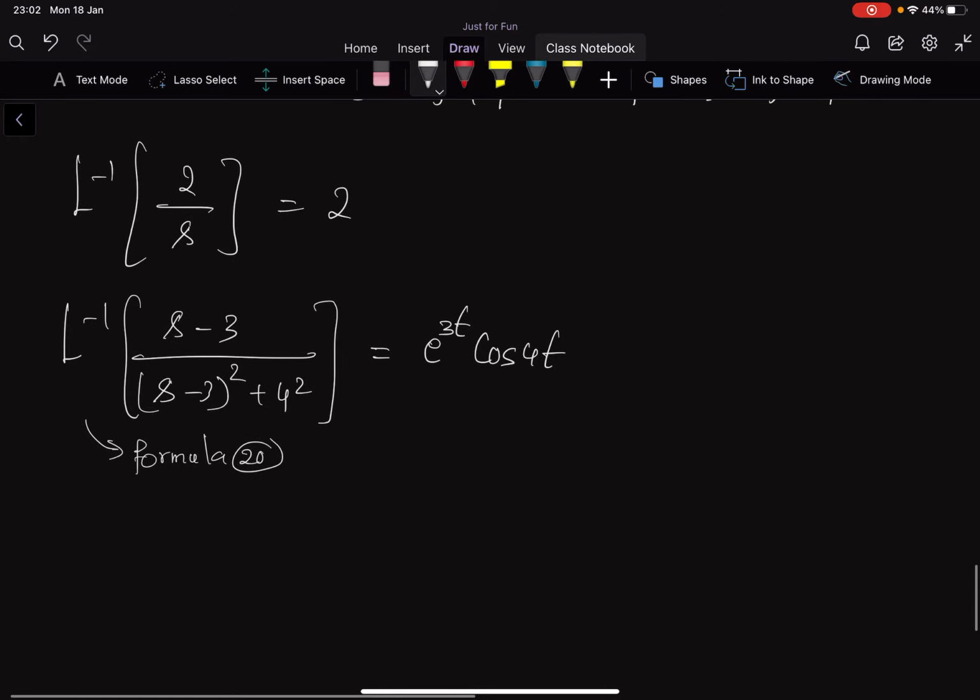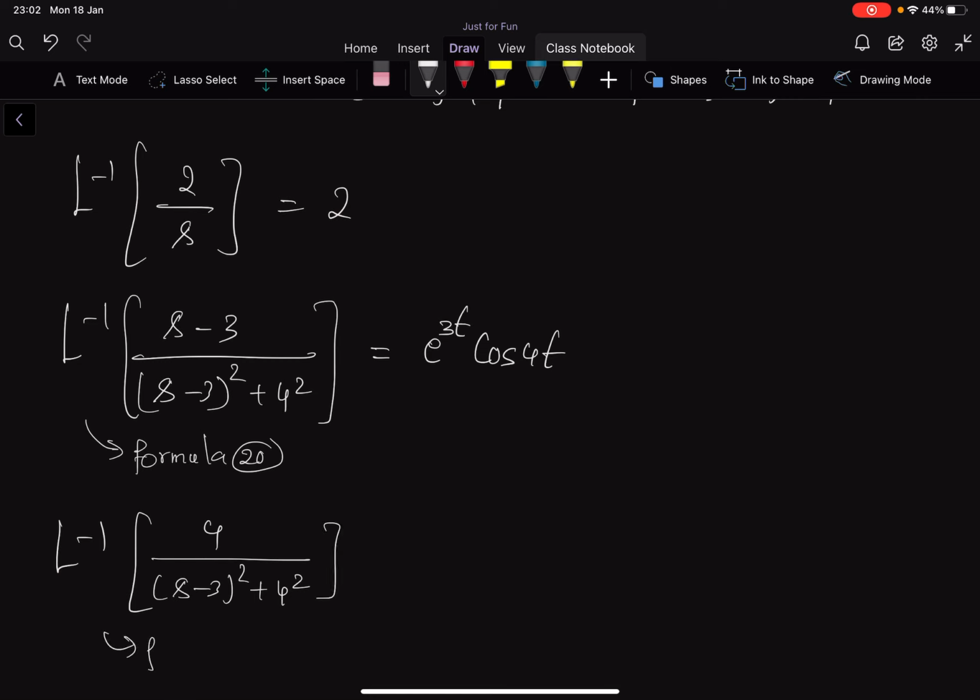And then lastly, the inverse Laplace of 4 divided by ((s minus 3) whole square plus 4 square). So that's formula number 19, which is going to give you e power 3t sine 4t.